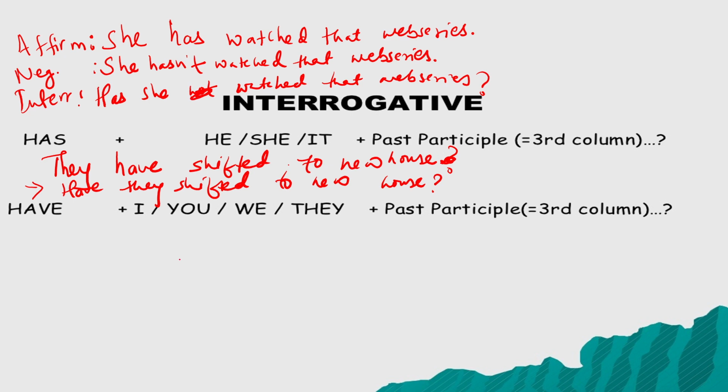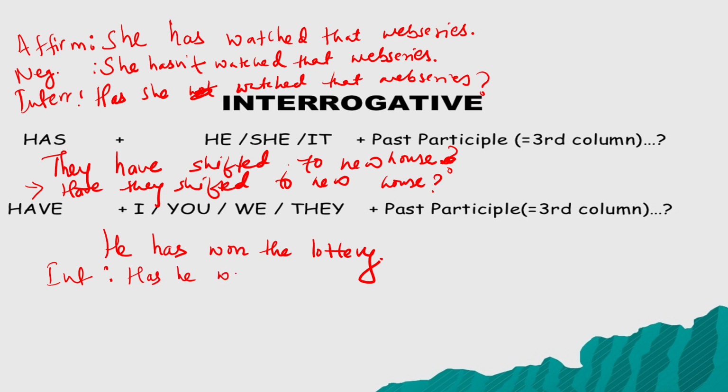Similarly, again, let's take one more example. Like he has won the lottery. What will be its interrogative? So its interrogative will be has he won the lottery?